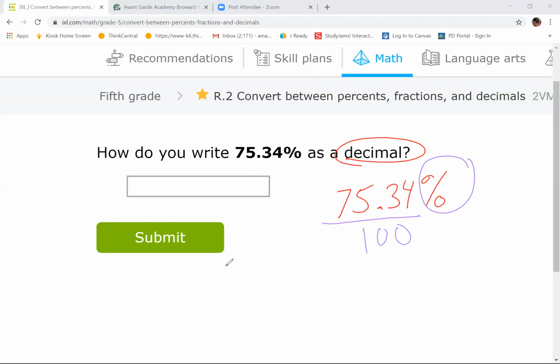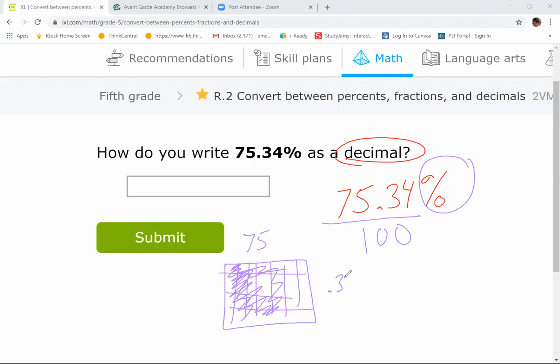If we were to have one of those 100 frames, we'd have 75 all shaded in, but then we've got 34 hundredths. That means one of these boxes is going to be cut into little tiny pieces, and only 34 of those are going to be shaded in.